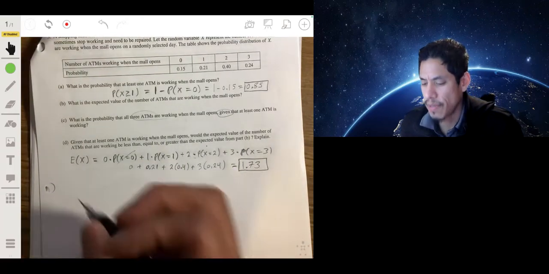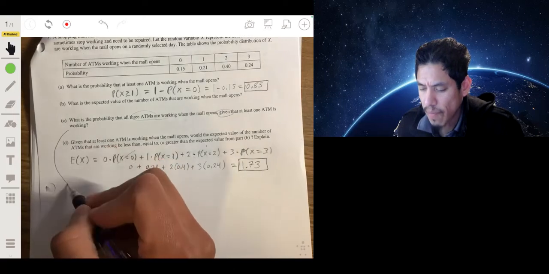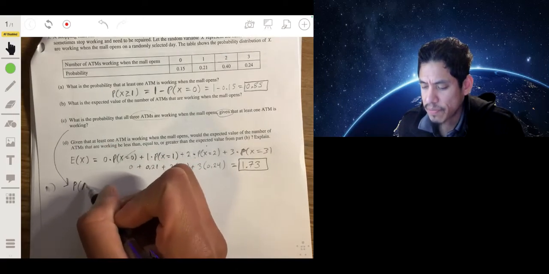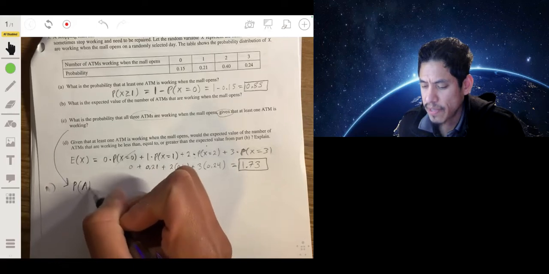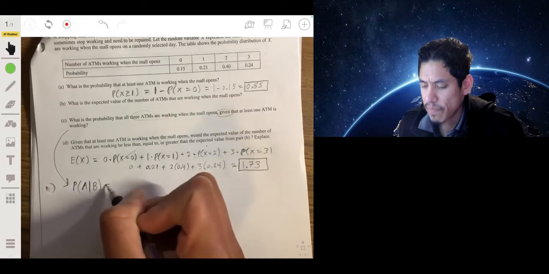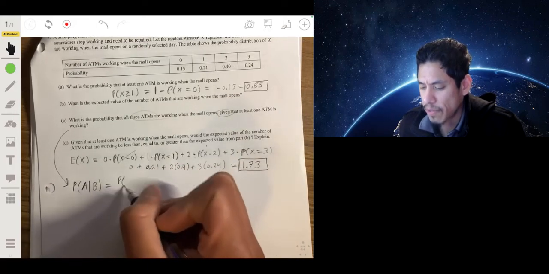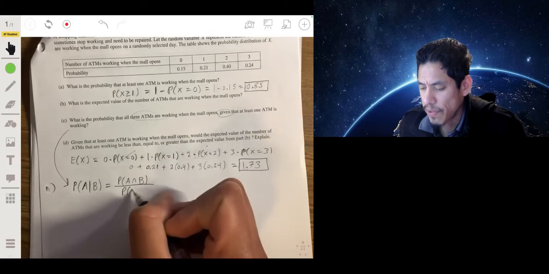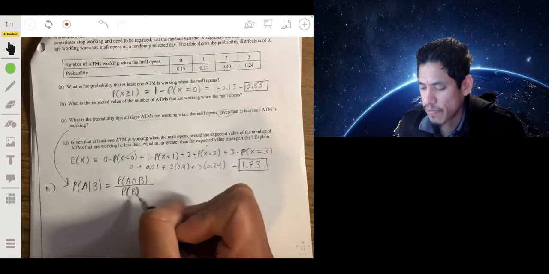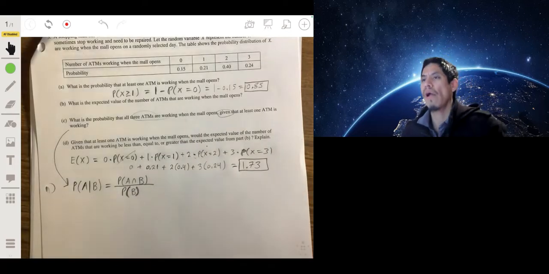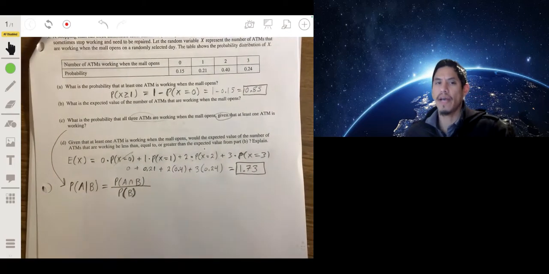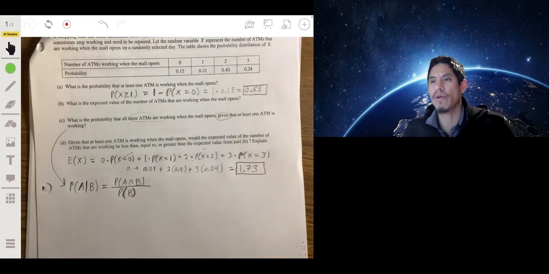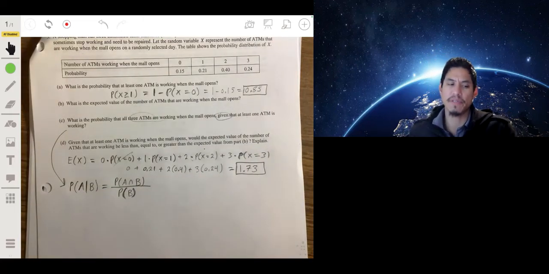So we're going to use our conditional probability formula: the probability of A given B is equal to the probability of A and B over the probability of B. Again, this formula is given on your formula sheet. It's more about knowing how to apply it. So we have to determine what we want A and B to represent.